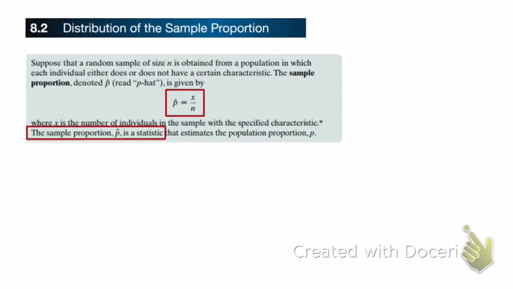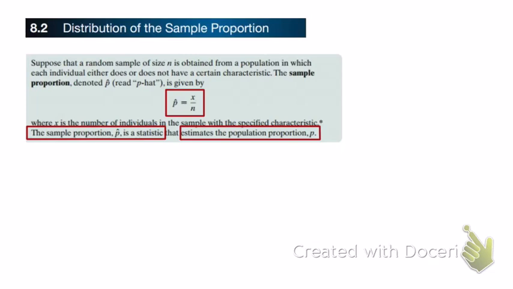So p hat, as this is telling us, is a statistic. And what are we doing? We're going to try and use that to estimate something about the population proportion. Y'all, the population proportion is the letter P. Please notice that.